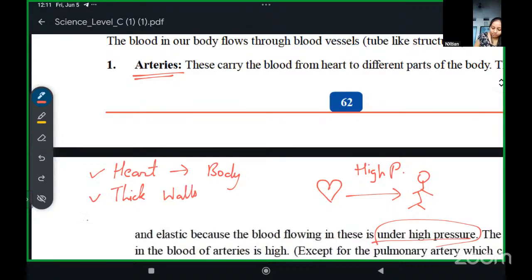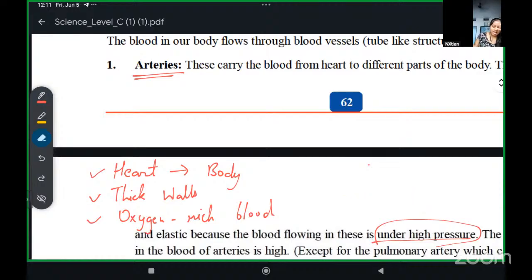Number three, this blood is oxygen rich. Oxygen rich blood goes from the heart to the body. Number four, high pressure. The blood flows in high pressure.